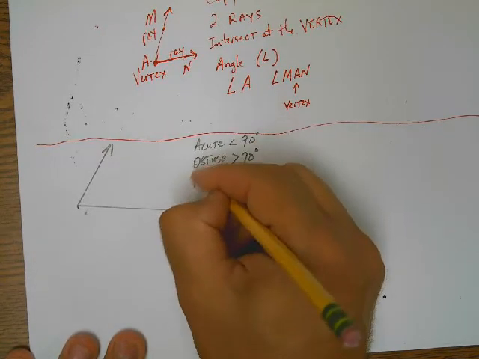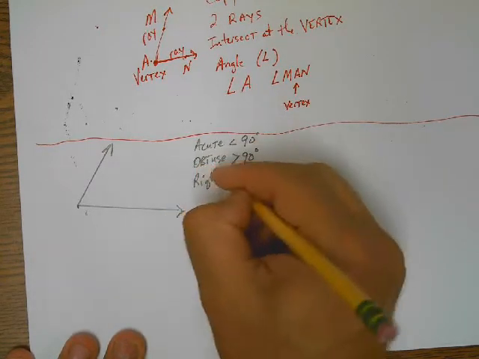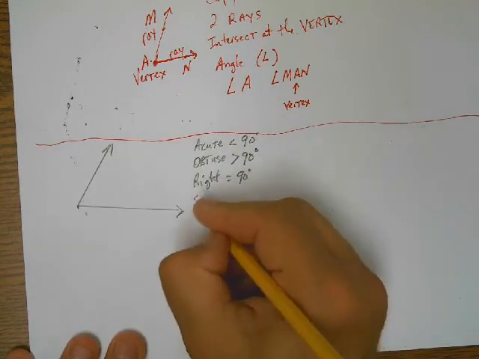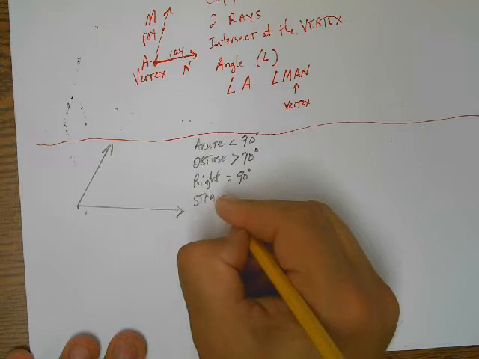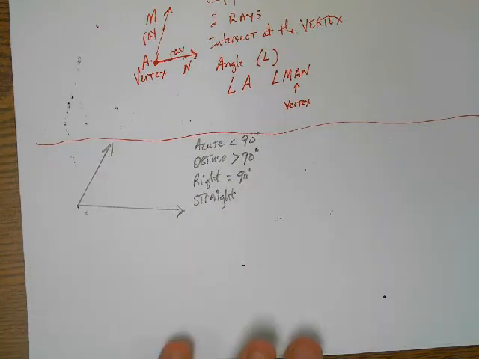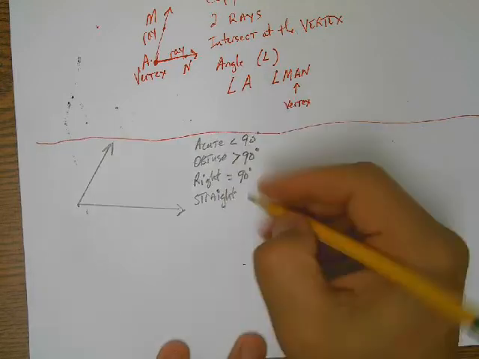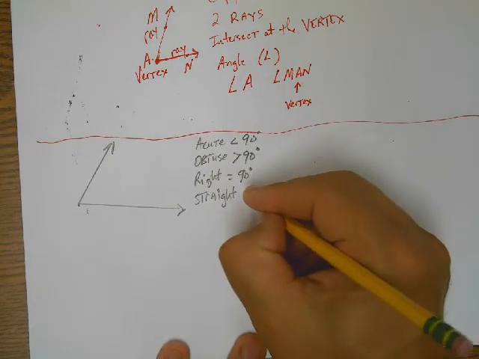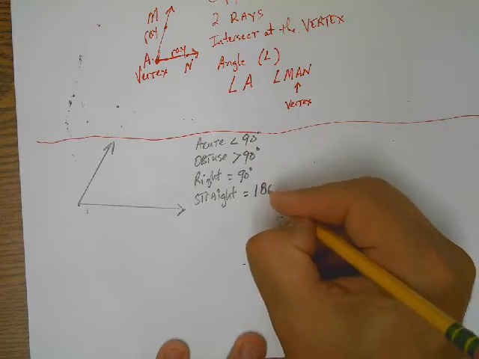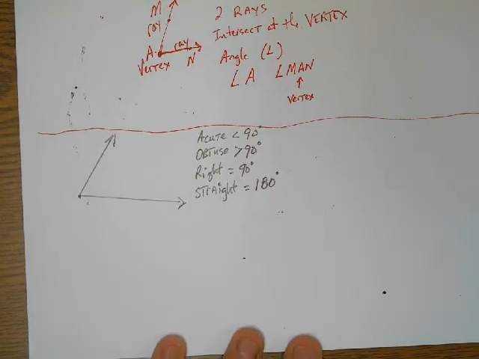Mia, what's the right angle? 90 degrees. Equal to 90 degrees. There's a tougher question for you. Natalie. What's the degree measure of a straight angle? Nice guess, but no. 180. So a straight line's 180 degrees.